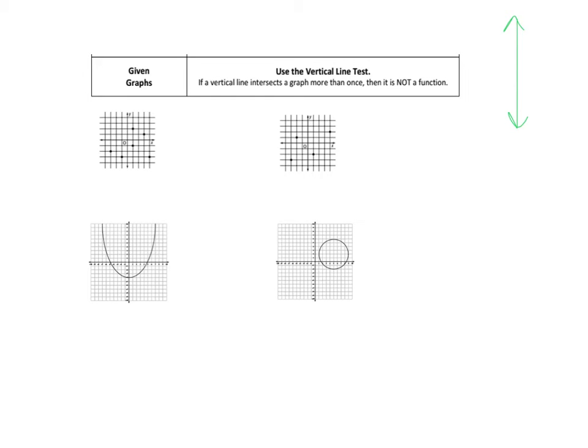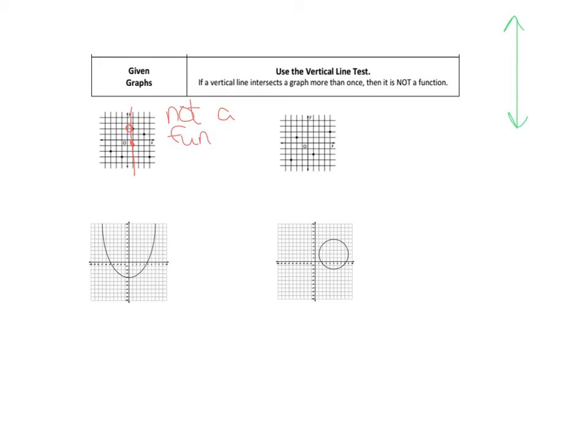If it intersects the graph more than once, it fails the vertical line test.